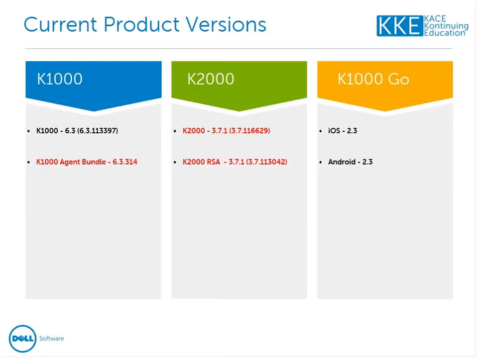So as with everything that we do here in KKE, we like to let everyone know the newest versions of the appliances, and that anything that you see will be upon these versions. So we have the K1000 6.3, which was released a little bit earlier. We did just release an updated agent bundle, 6.3.314.